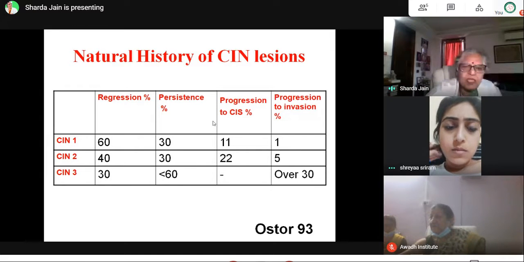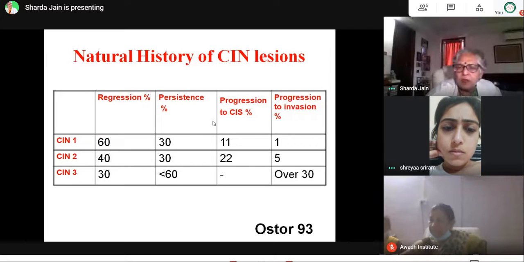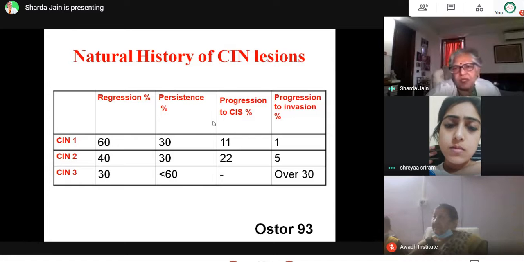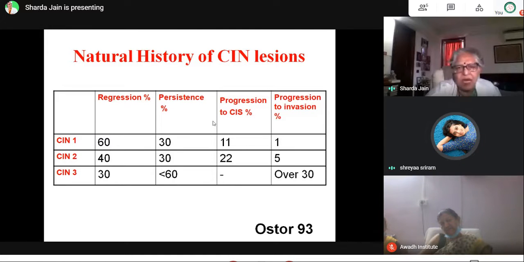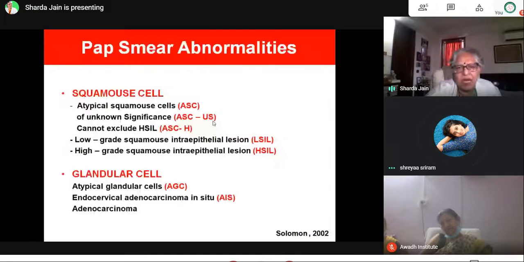The question is asked by Dr. Shada Jain to you: what is the percentage of patients who will progress to invasive cervical cancer? And the answer is 1%. Over 30% is over 30%. Now, this is the slide which summarizes what all pathologists give you as the report.